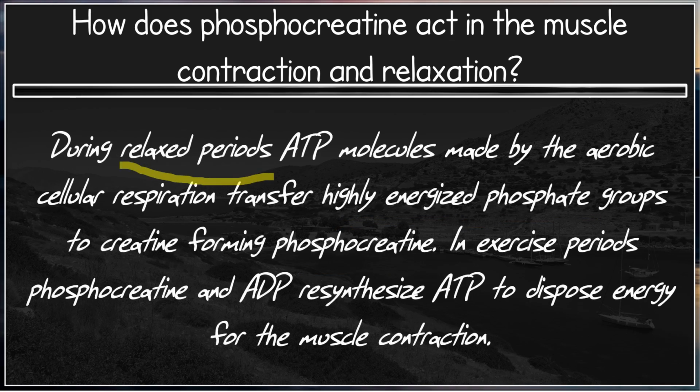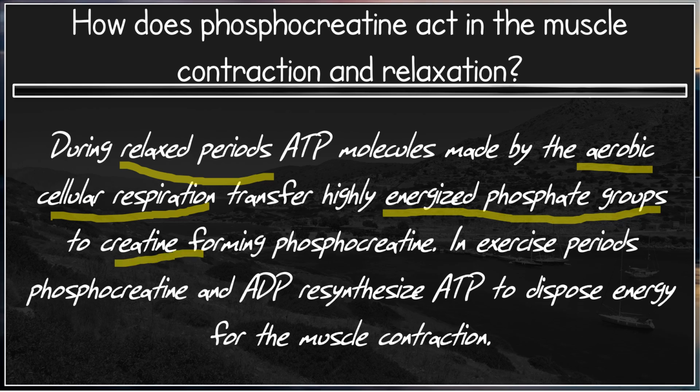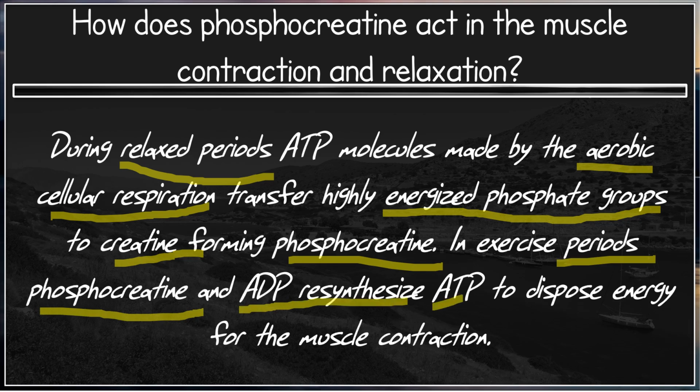During the relaxed period, ATP molecules made by aerobic cellular respiration transfer highly energized phosphate groups to form phosphocreatine. During exercise periods, phosphocreatine and ADP resynthesize ATP to provide energy for muscle contraction.